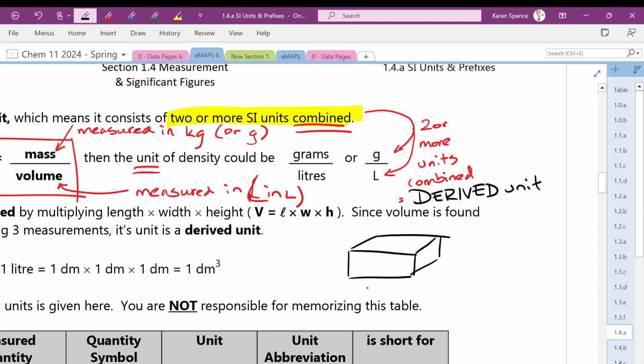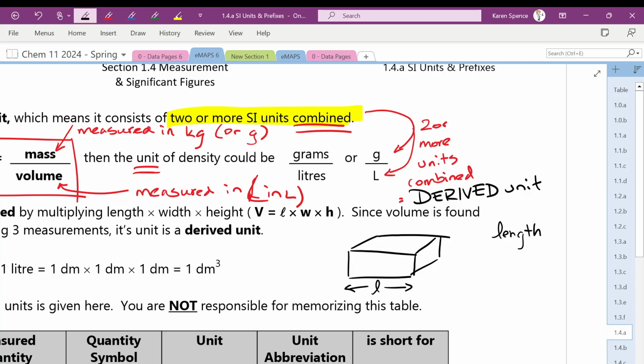Volume is, what does L stand for? Length. And you'll notice that I have a tendency to make my L's sort of like cursive L's because otherwise they look like ones. Okay, you don't have to do that though.